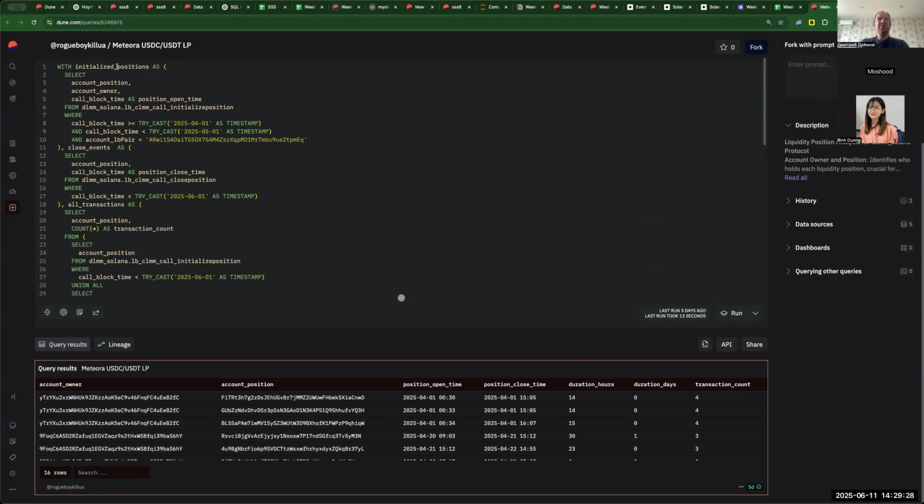So first of all, let's analyze the blocks. I'm reading this for the first time, so it may take a little bit of time. You see that again we have this initialized position, right? Okay, and we are filtering for a specific pair. Just to have this in mind.